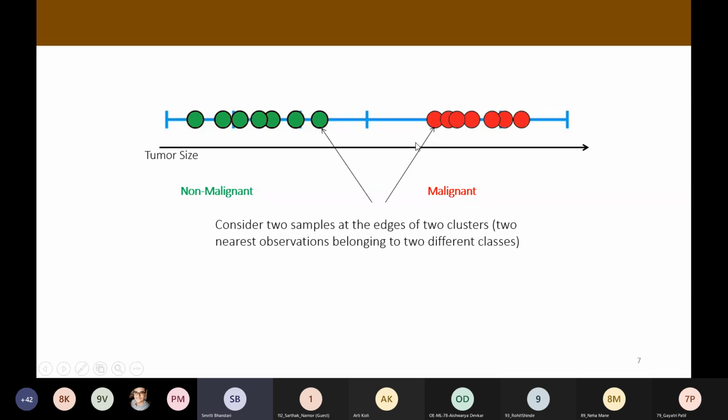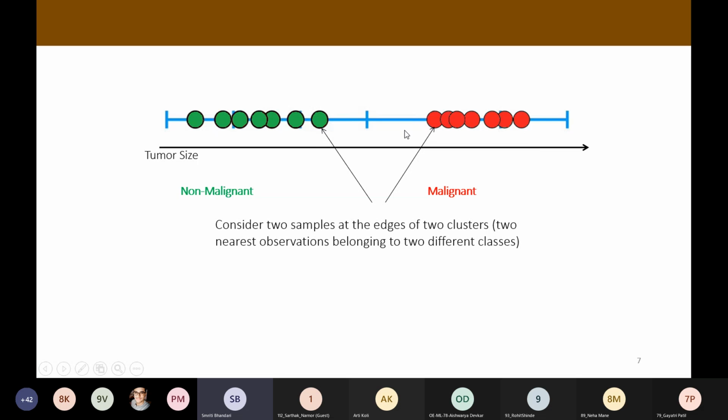So these two samples are at the edges of two clusters. This is one cluster wherein I have a group of non-malignant data samples, and this is another cluster where I have the malignant samples.